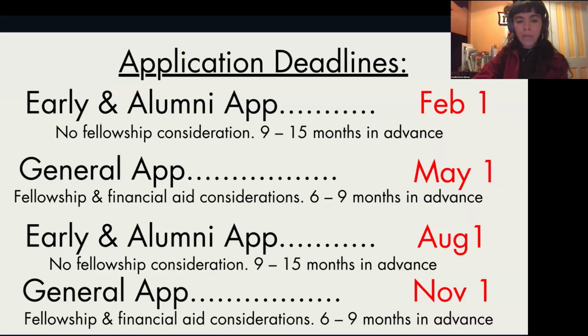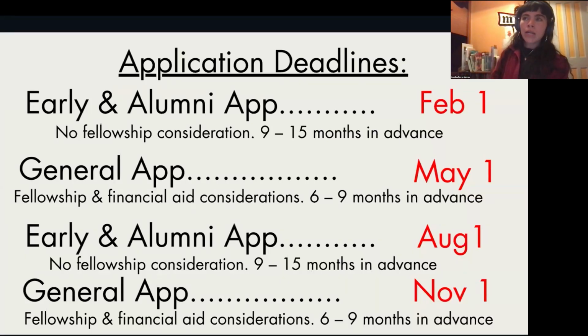Right now it's free to apply, and I would suggest the general app for those financial aid and fellowship considerations. And then we also have something called the early app, which is further in advance and is for folks who may have funding through their university, if they're a professor, or they have professional development money through a grant.